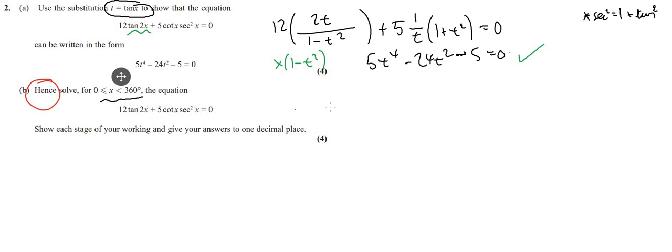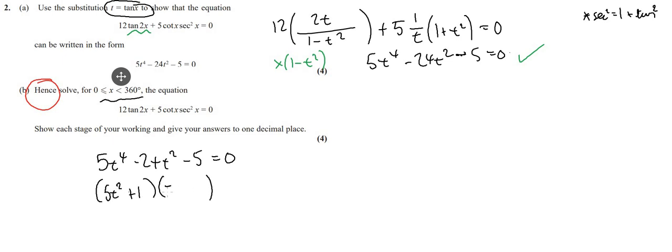Right, so now, that means we can start with the quartic that we just proved is true. It's a quadratic in t squared, so first thing, we're going to find the factors. So we find that our factors are 5t squared plus 1 times t squared minus 5 equals 0.